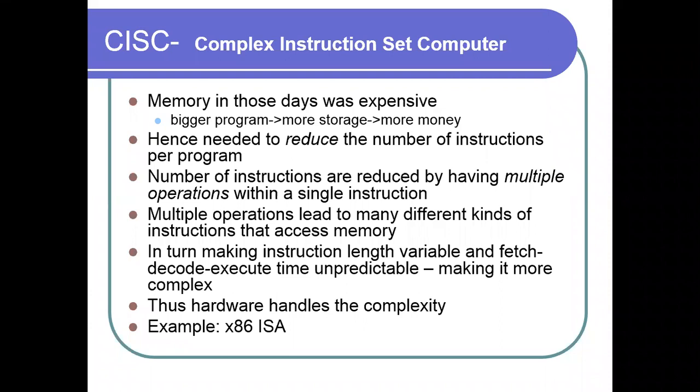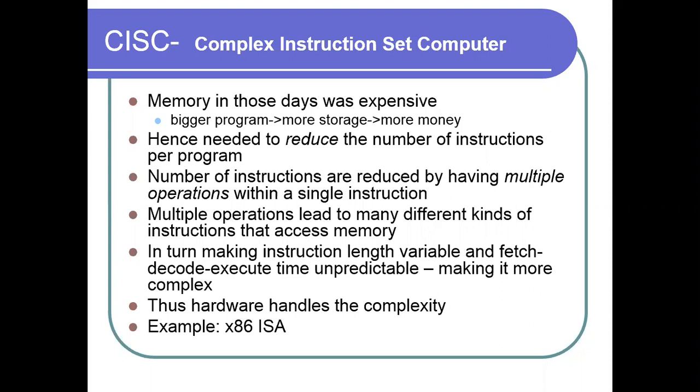Because of that, the fetch, decode, and execute time is also unpredictable. We have seen that whenever an instruction is executed, 3 steps are required: fetching, decoding, and executing. So that time becomes unpredictable, and because of that it is more complex, and that's why it is called a complex instruction set computer.